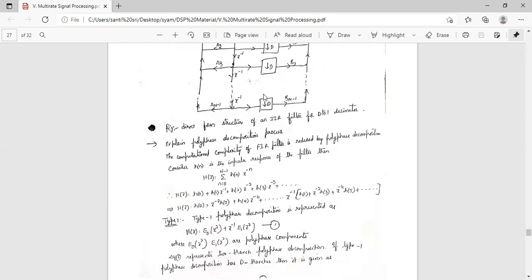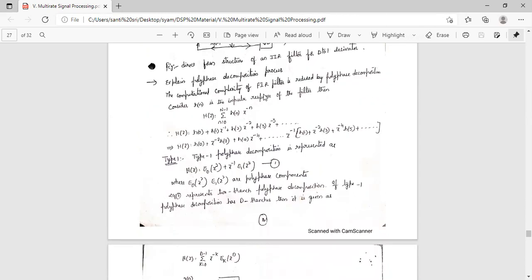Okay, now we'll take type 1. Type 1 polyphase decomposition is represented as H of Z equal to E0 of Z square plus Z power minus 1 into E1 of Z square.